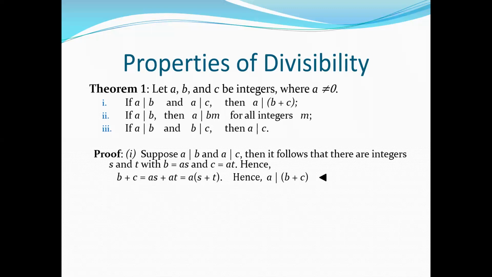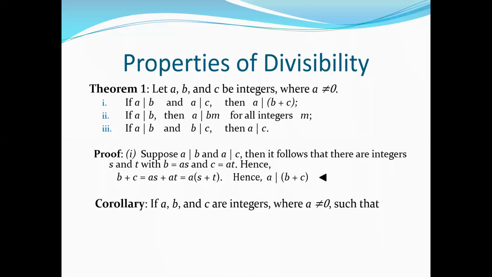So based on theorem number 1, we have a corollary. By the way, a corollary is an extended version of theorem 1. So if A, B, and C are integers where A is not equal to 0, such that A divides B and A divides C, then A divides MB plus NC whenever M and N are integers.